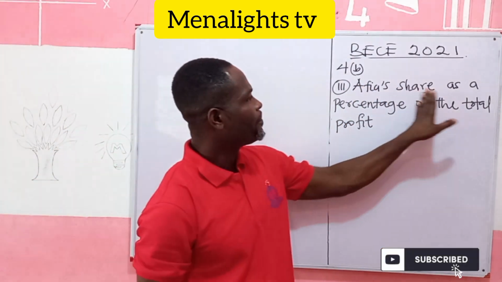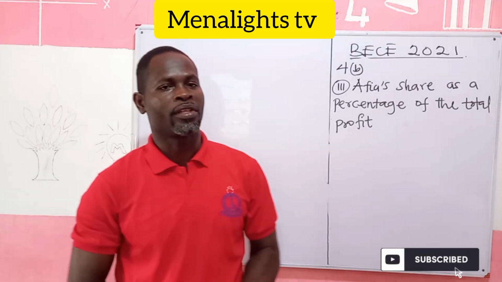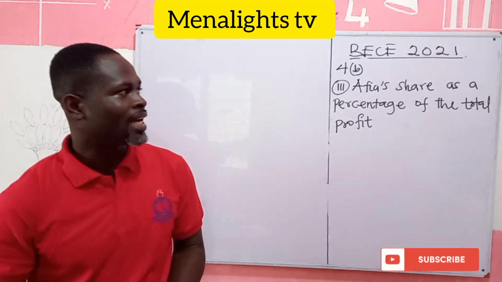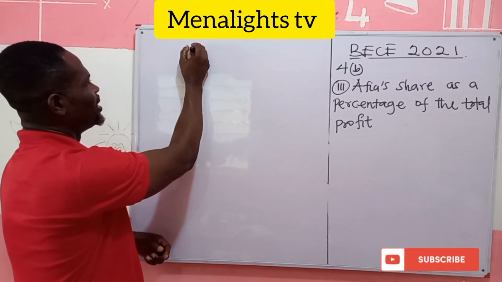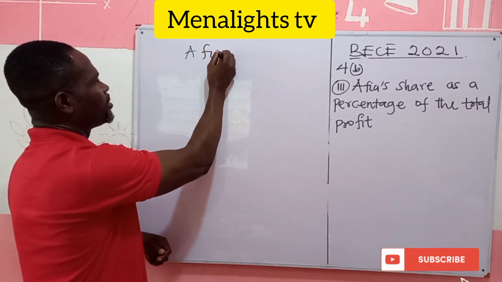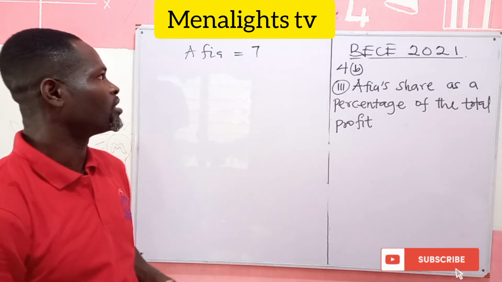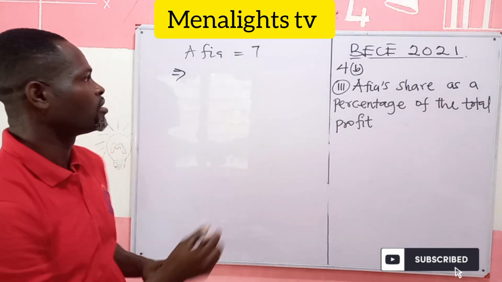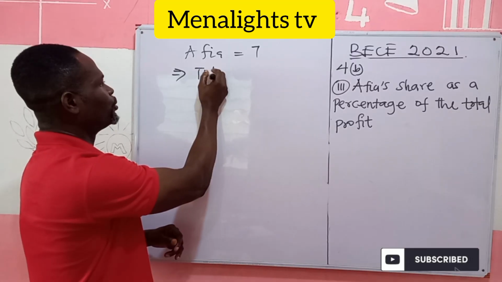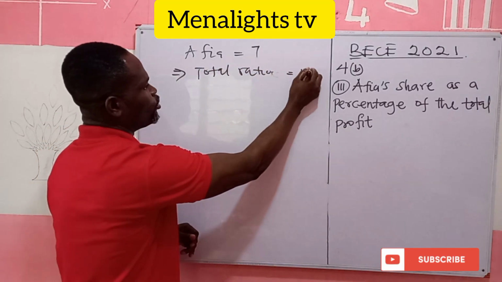We have to find Afia's share as a percentage of the total profit. We know from the question that Afia's ratio is 7. Her ratio is 7. The total ratio that we have there is 12.